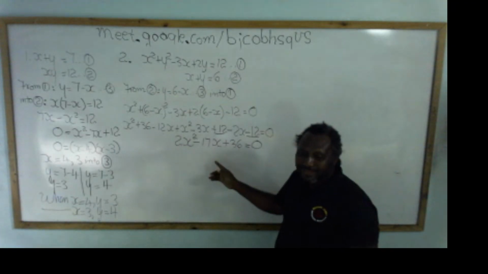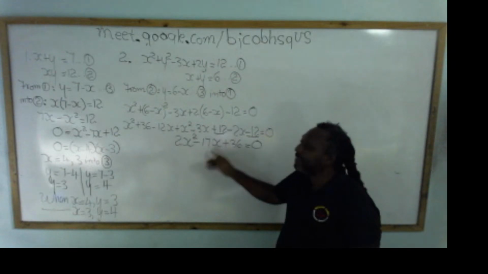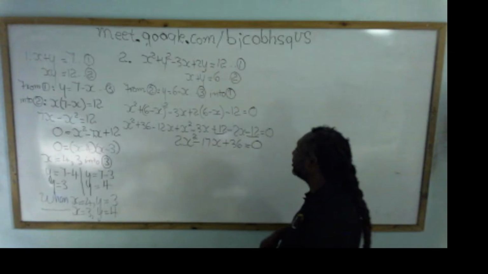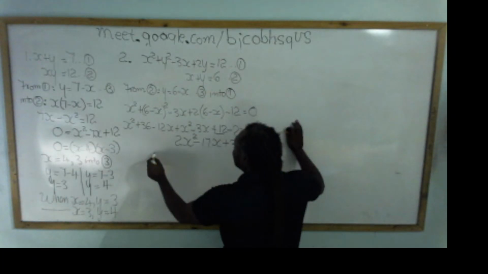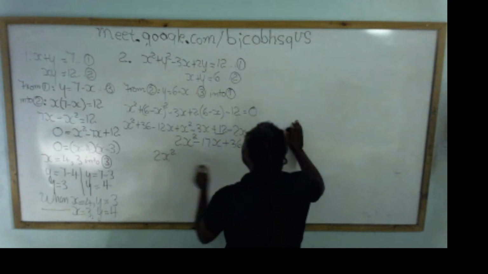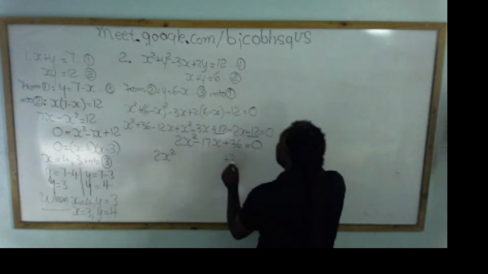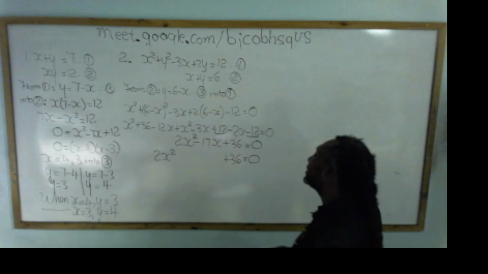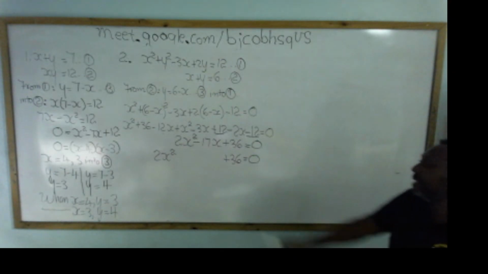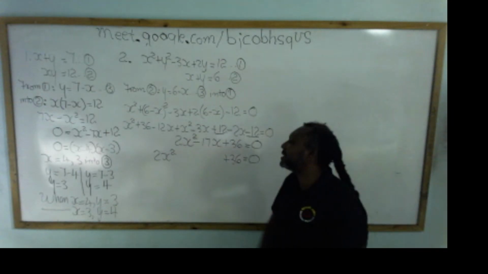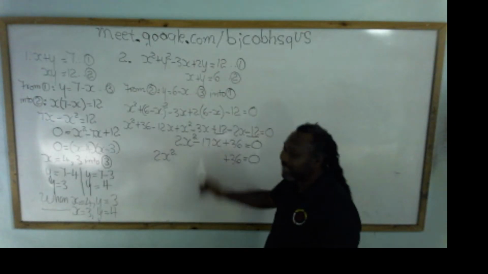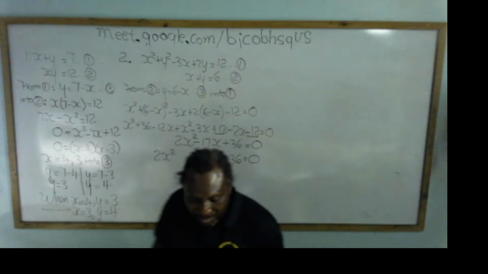Now students, the product is 72 and the sum is negative 17. What are the two numbers?